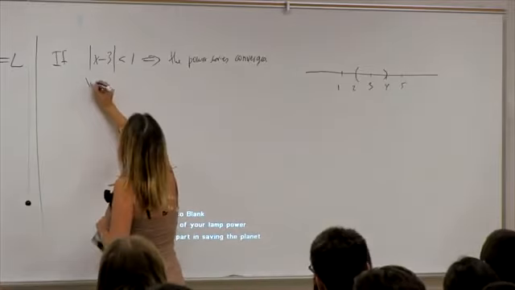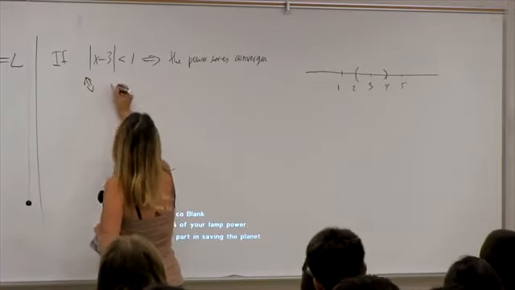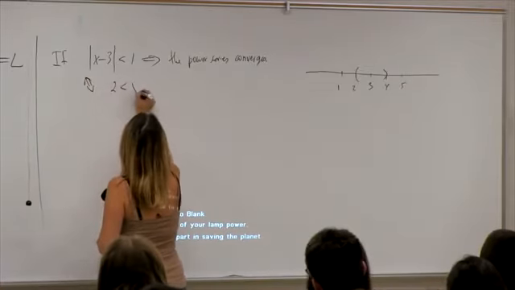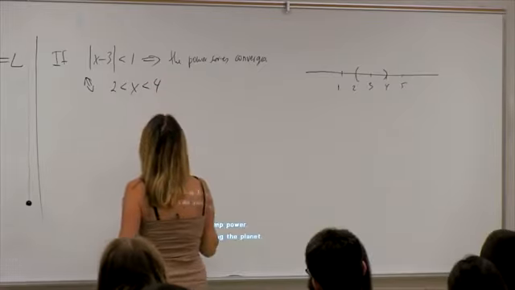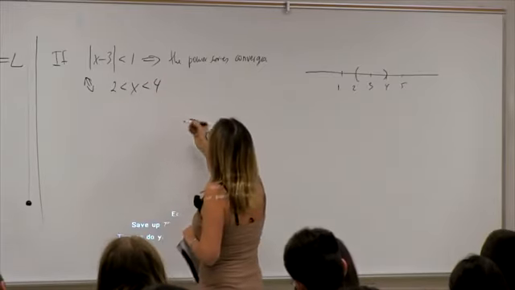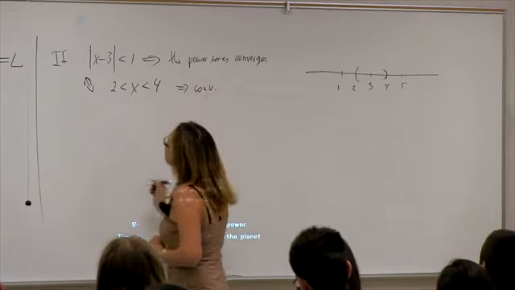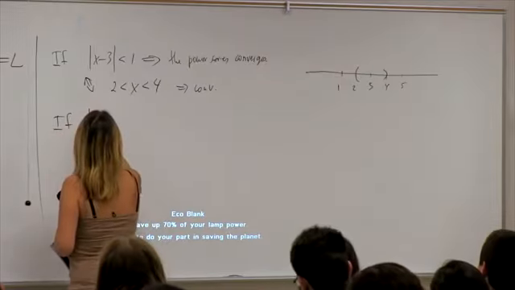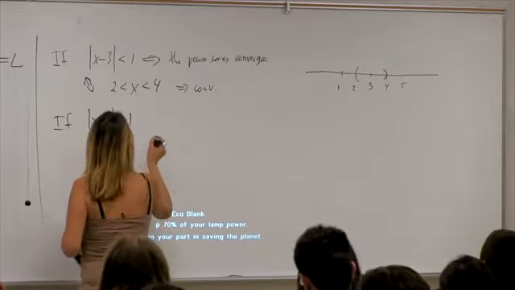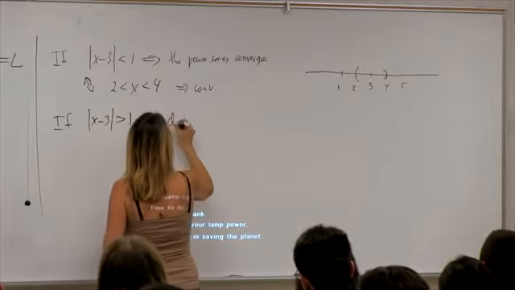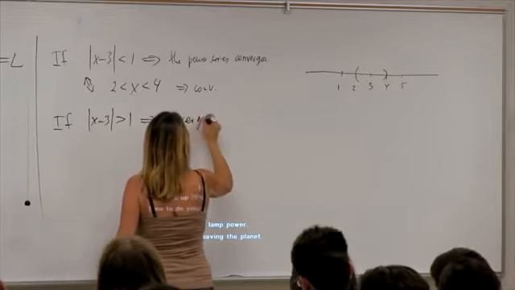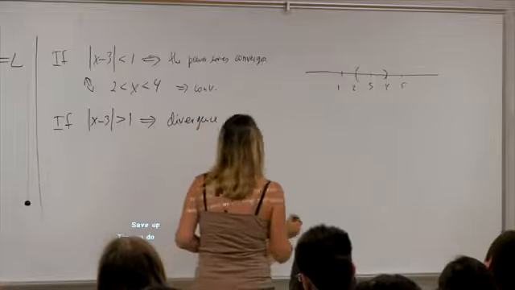So this is the same as to say that x is greater than 2 and less than 4. Okay? So it converges. If this is greater than 1, then we have divergence. Okay?